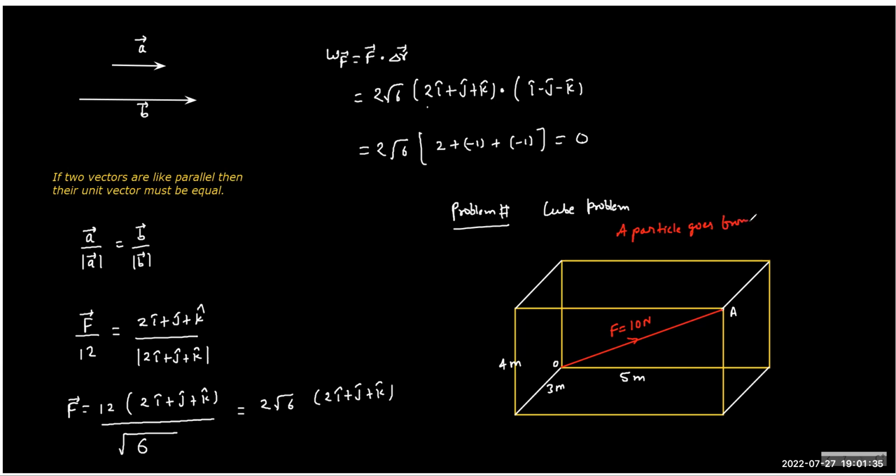So a particle goes from O to C under the action of constant force F acting parallel to line OA. Okay, that's how I can express the question.